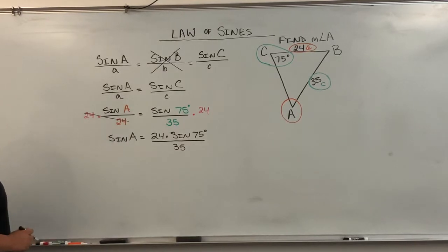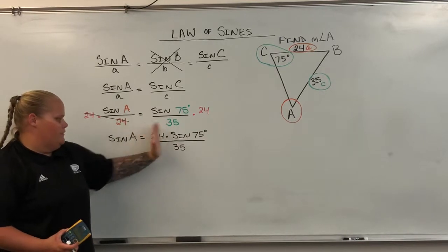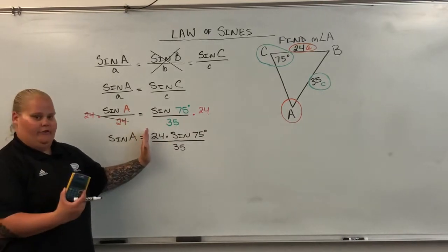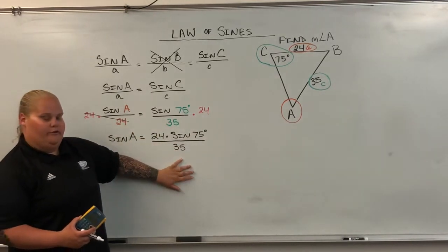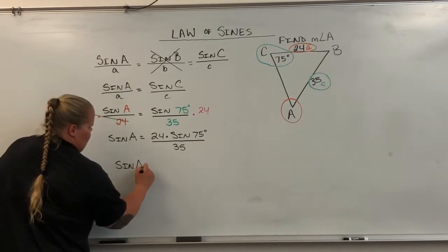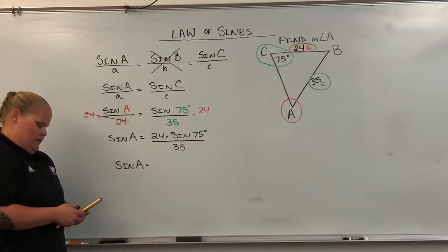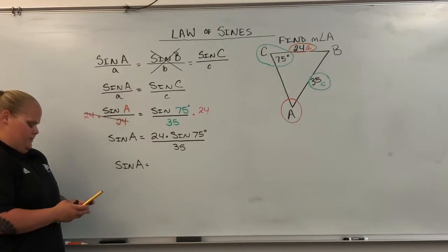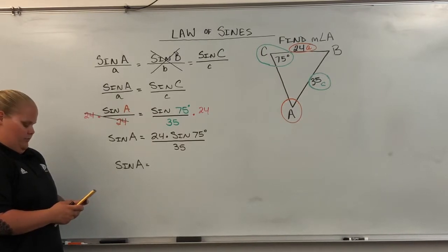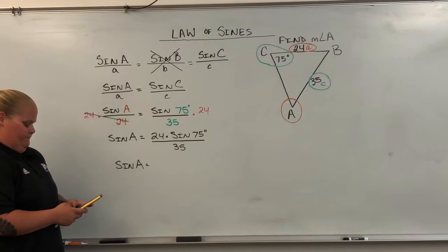Now I'm going to take this fraction on this side and put it in the calculator, and I'll get a decimal, which I can put down here. So in the calculator, I'm going to type parenthesis 24 times the sine of 75 degrees, parenthesis, divided by 35.